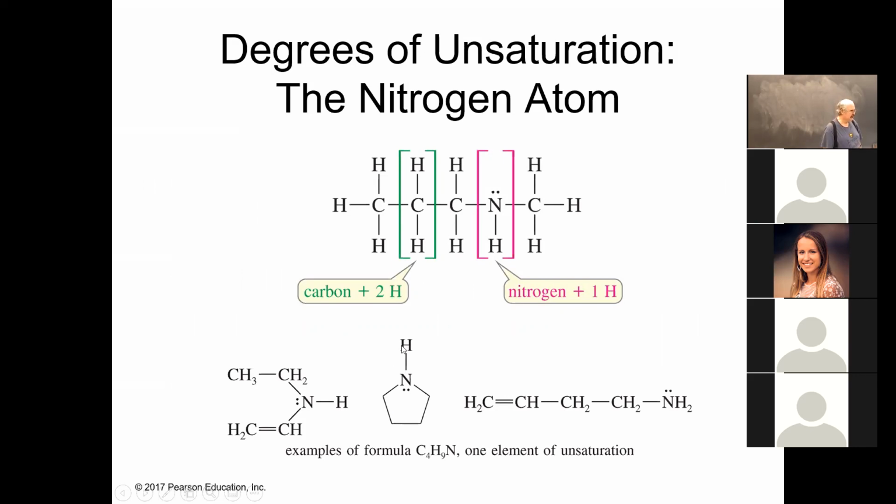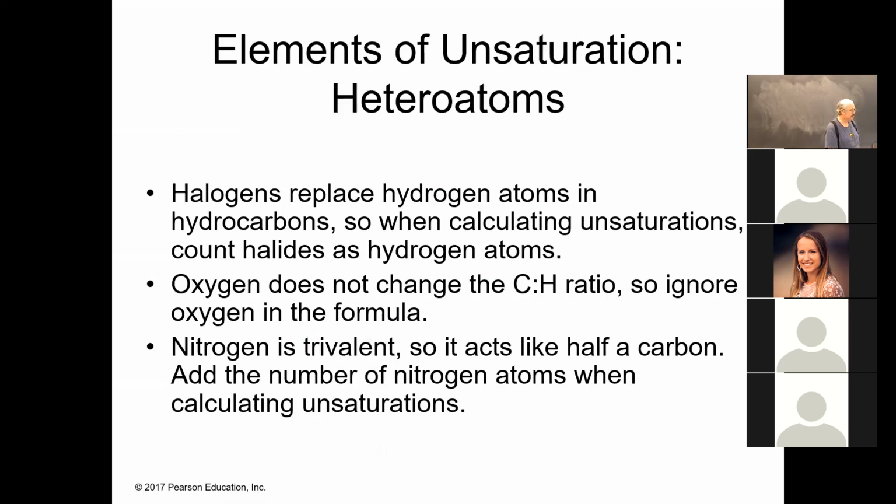The reason we subtract a hydrogen is because we'll have an odd number of hydrogens if we have an odd number of nitrogens present. What about heteroatoms? Halogens replace hydrogen atoms, so we can treat halogens just like hydrogens. Oxygen and also sulfur do not change the CH ratio, so we can ignore those elements when we're calculating elements of unsaturation.